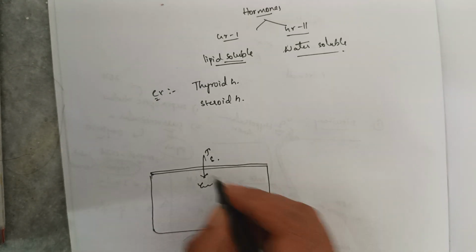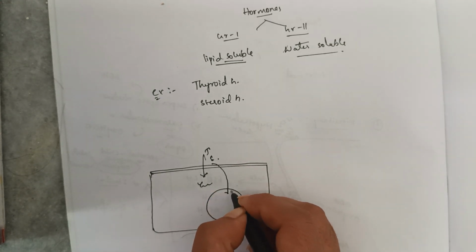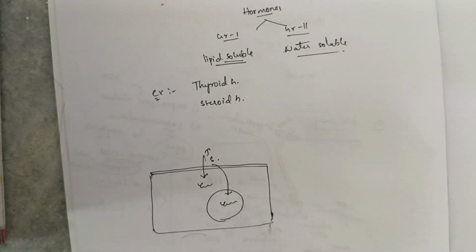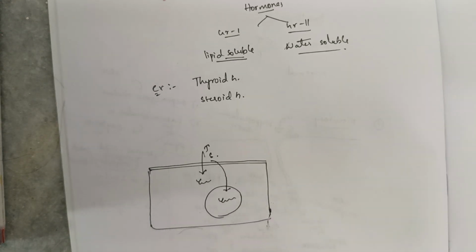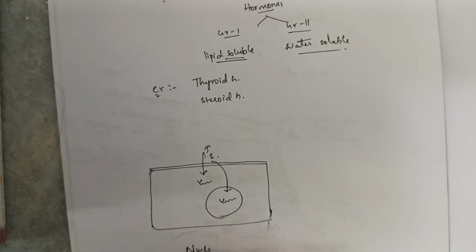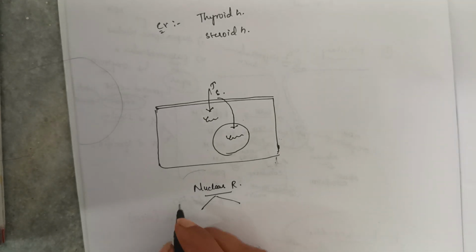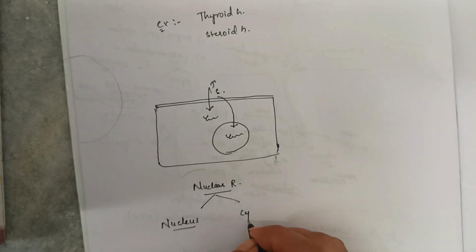Either they act on the receptor present in the cytoplasm, or they go into the nucleus and act on the DNA or receptors present inside the nucleus or on the nucleus. So based on that, we have 2 types. But all lipid soluble hormones act on nuclear receptors, with receptors present on the nucleus and in the cytoplasm also.